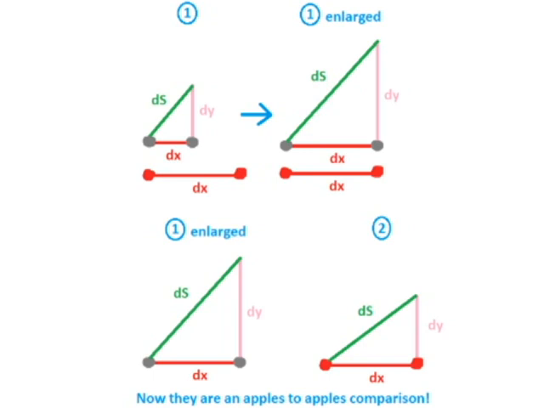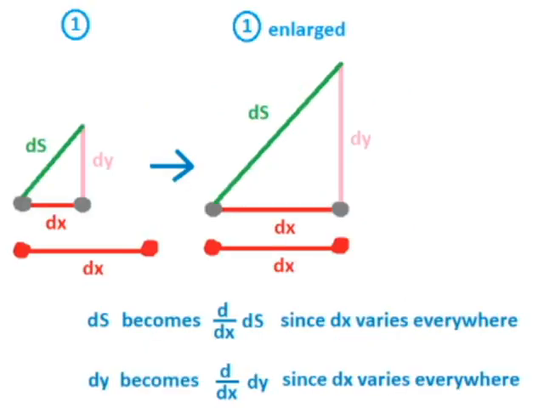Now, how do we quantify the enlargement we did of triangle 1? Well, however much dx changed, ds and dy changed by the same amount. So ds becomes d/dx of ds, and dy becomes d/dx of dy.